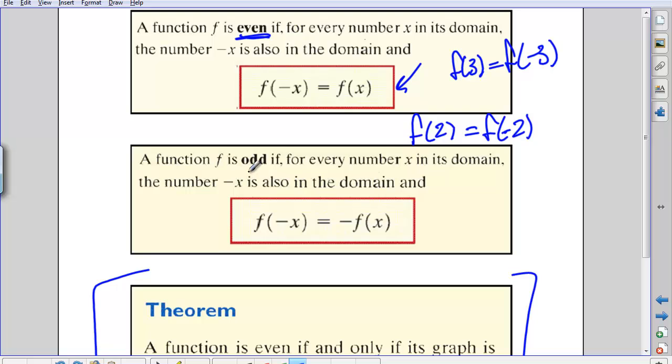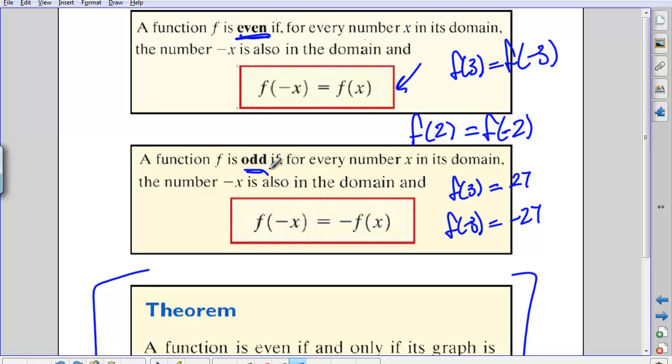And then a function is odd if f of negative x is equal to the opposite of f of x. So say maybe for some function, f of 3, for whatever that function is, maybe it's equal to 27. And then for f of negative 3, if we plug in the opposite, we get negative 27. So here, f of negative 3 is the opposite of f of 3.